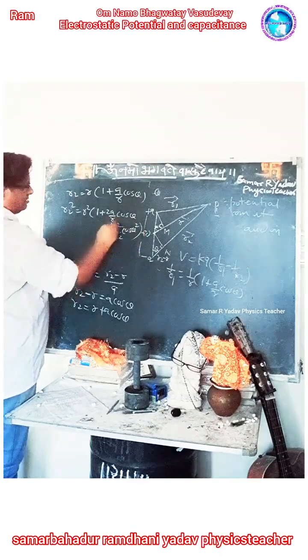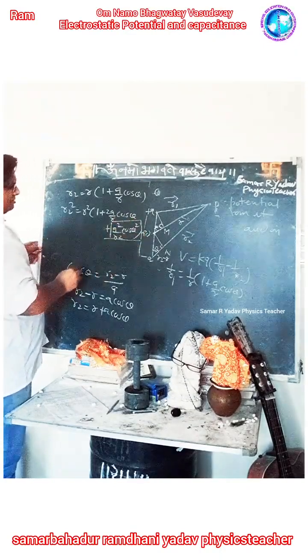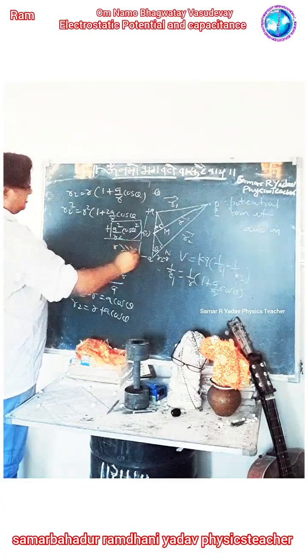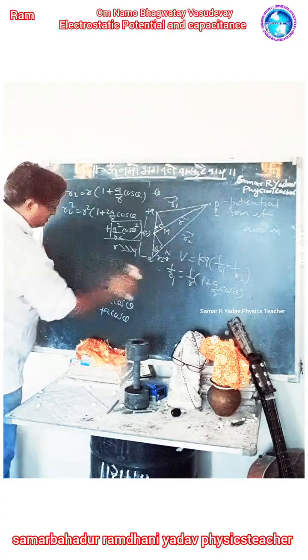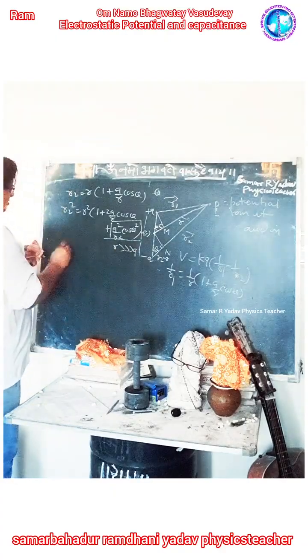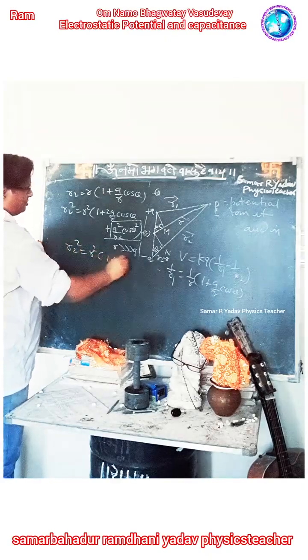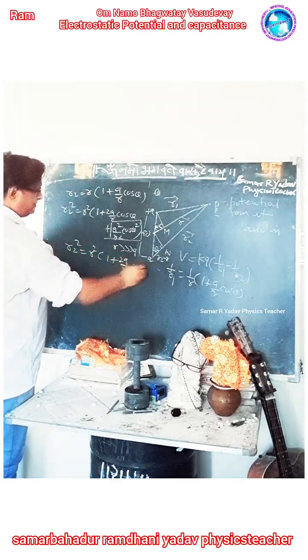Now this term is very small, so it will be neglected because r is greater than a. So writing two terms, r2 square is equal to r square times 1 plus 2a upon r cos theta.